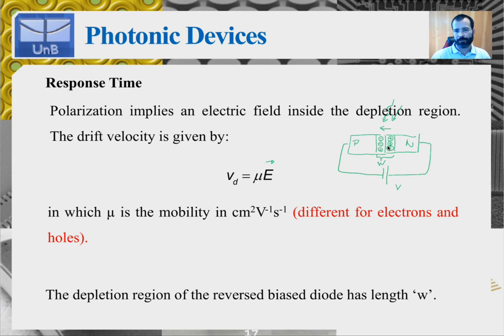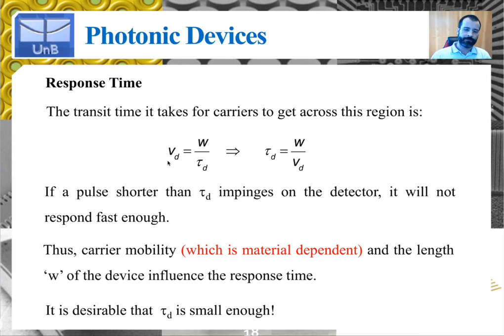This is the transit time tau d. And Vd is the drift velocity, the velocity of electrons and holes. It's going to be different for electrons and for holes, but if Vd is the drift velocity and W is the length of the depletion region, then tau d and Vd are related by this equation: Vd is equal to W divided by tau d.